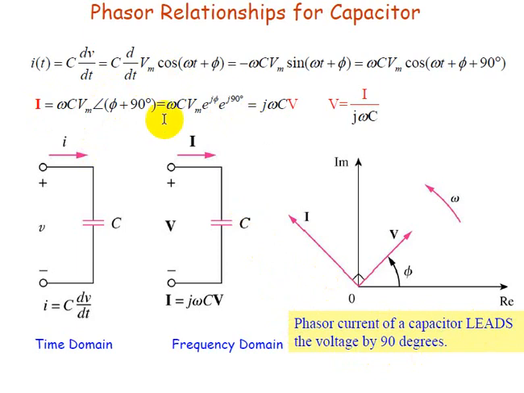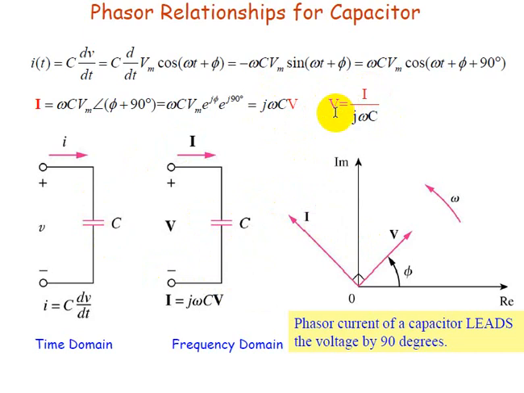Now let's look at what the response is. That means, what is the impedance? Impedance is simply what? V by I. If we want to find the V by I relationship of this equation, we'll get simply 1 by j omega C. V divided by I will be 1 by j omega C, and 1 by j omega C is actually the response of this capacitive network.